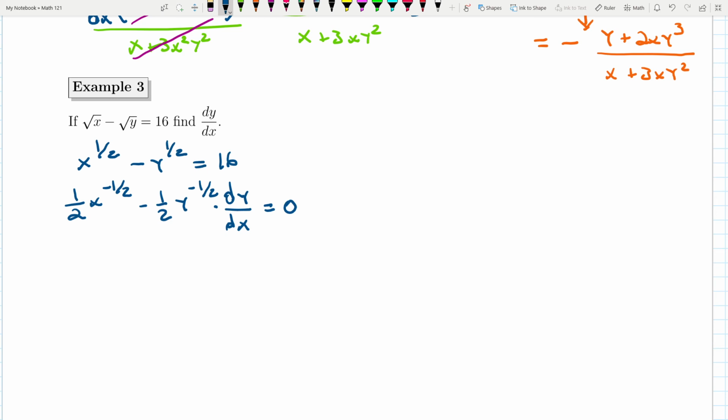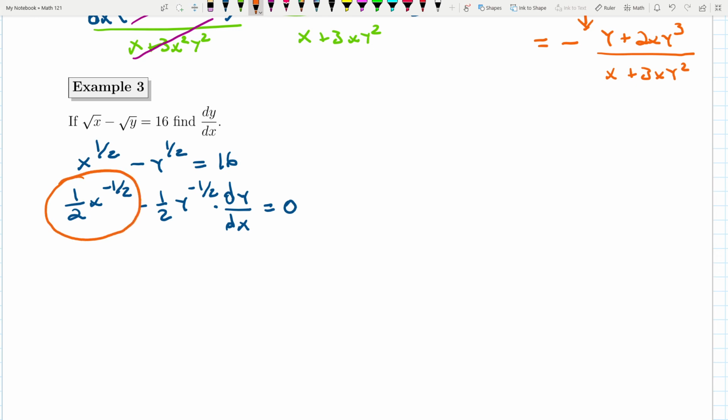Okay, so let's see what can we do about it, because we have a combination of both negative exponents and we also have fractions. This is what I will do. Because ultimately we want to get the dy dx by itself, we're going to send all the remaining terms that do not contain a dy dx to the right hand side.